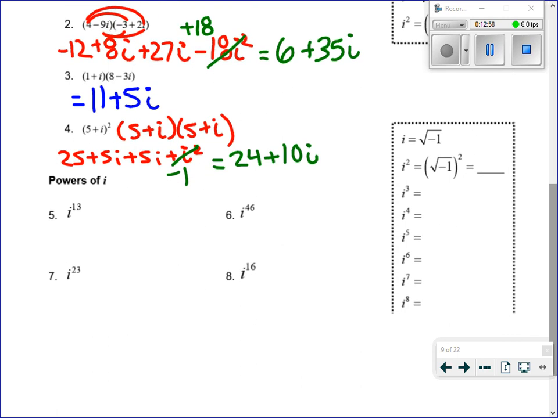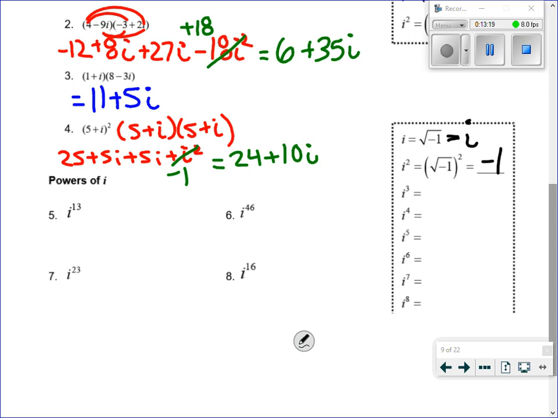So those are our bases behind everything from here. So we know i squared is negative 1. So if I want to figure out i cubed, I'm going to think about rewriting i cubed in terms of i squared and i, because I already know what those two are equal to.